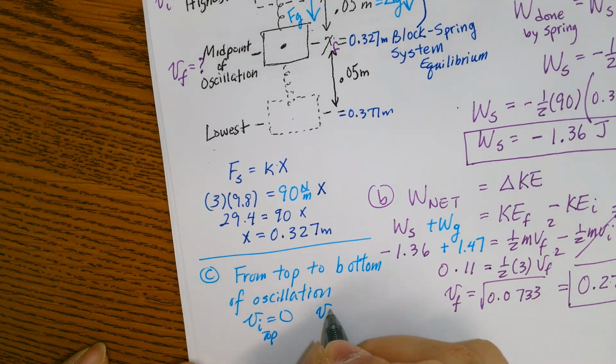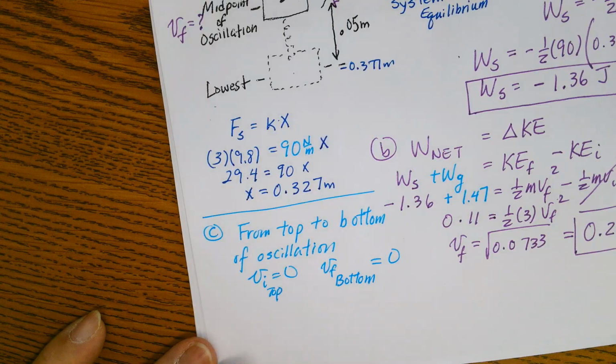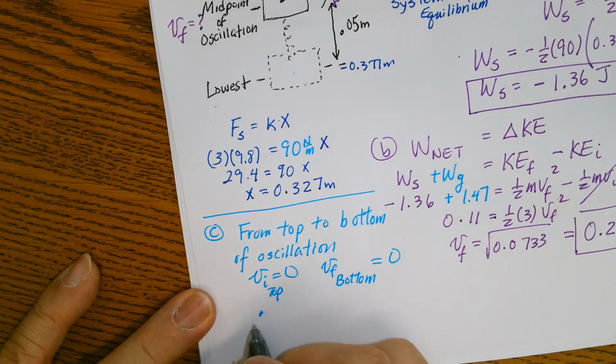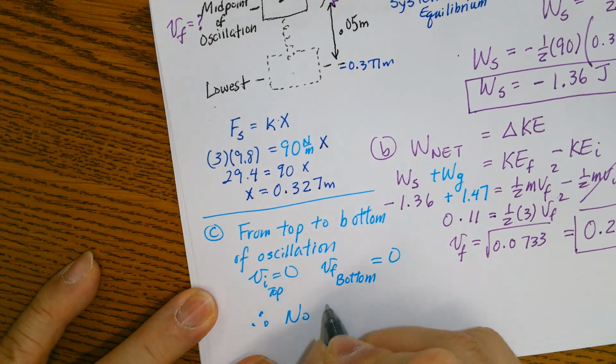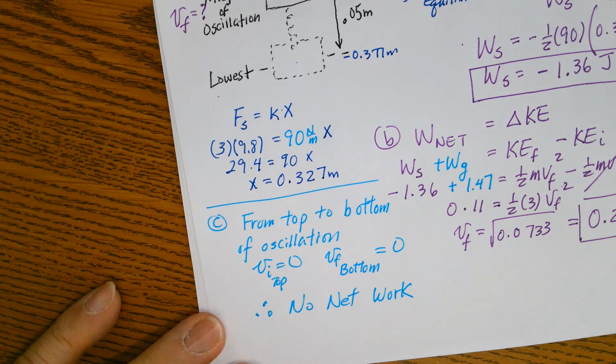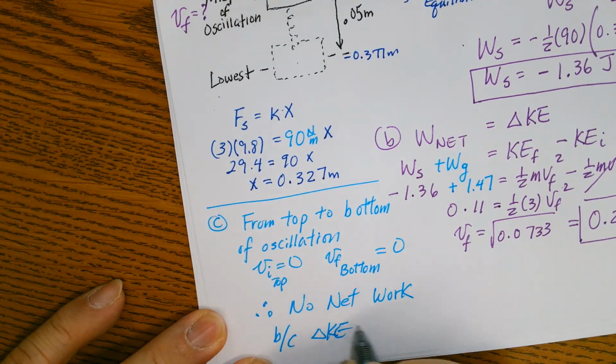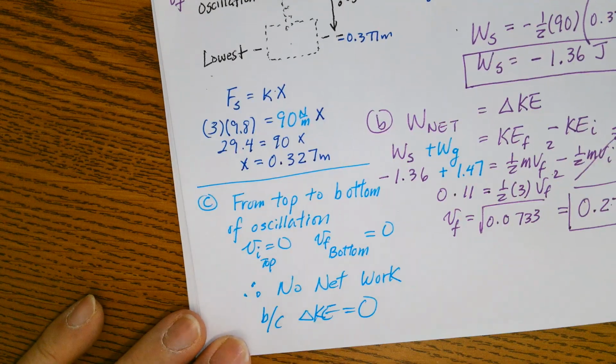Oops. VF at bottom is also equal to 0. Therefore, no net work done, right? Because change in kinetic energy is 0.